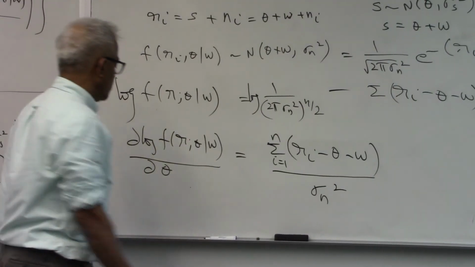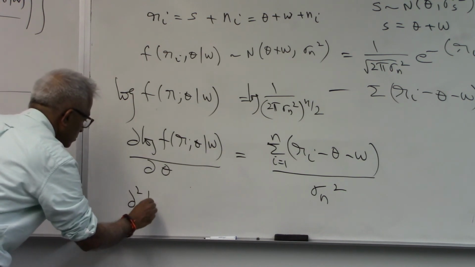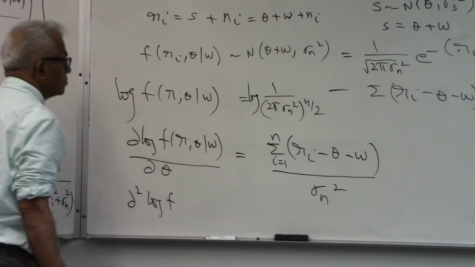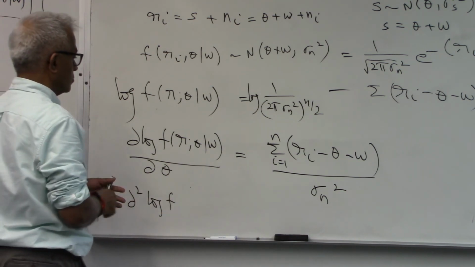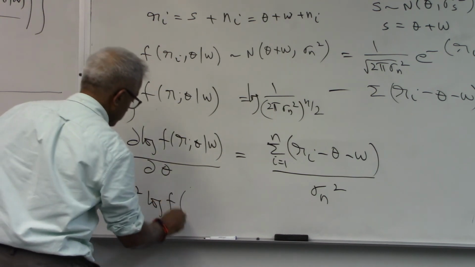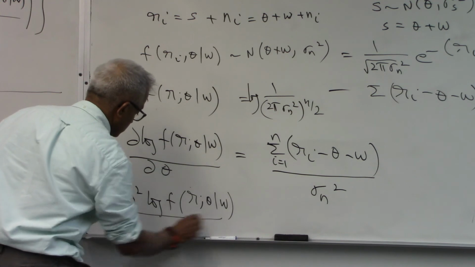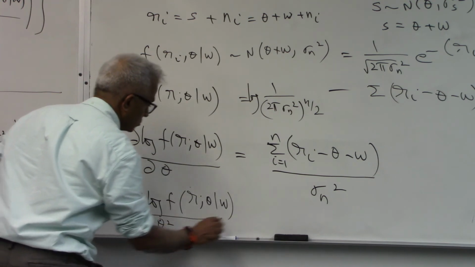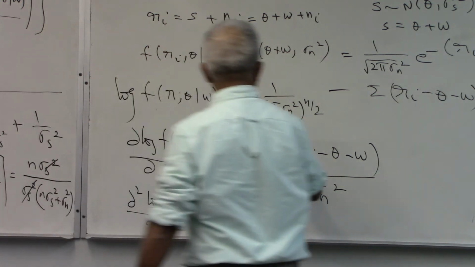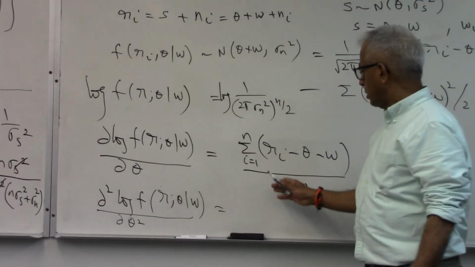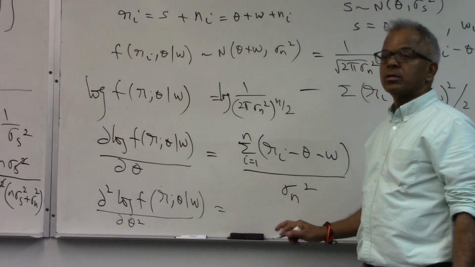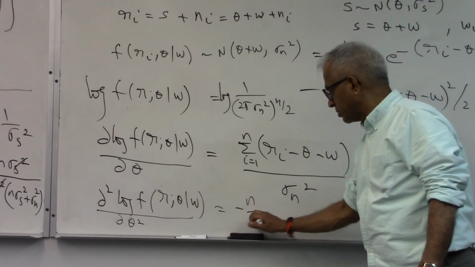So let me take the derivative one more time. Look here, this goes away, it's simply going to be minus n over sigma n squared, right?